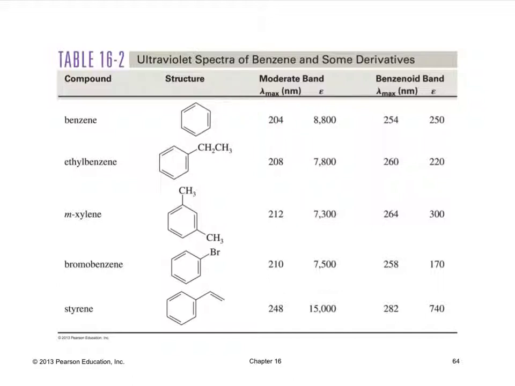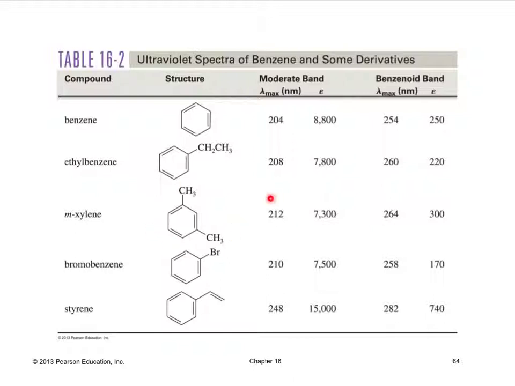Benzene has a moderate band at 204 and a benzenoid band at 254. When you add ethyl groups, that shifts a little bit to the right, 4 nanometers in terms of the moderate band, 6 in terms of the benzenoid band.